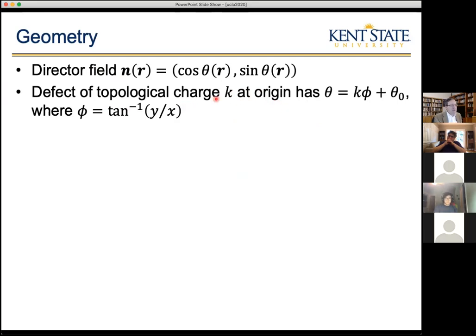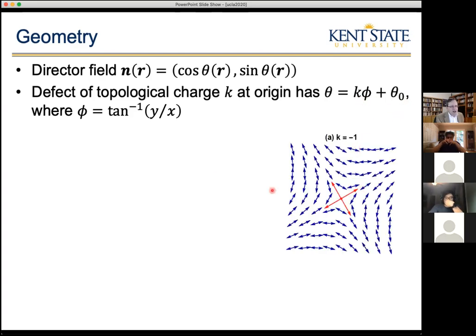Suppose we have a defect of topological charge k in a nematic director field. Right? So we could characterize that by an angle theta for which way the director is pointing as a function of the angle phi in polar coordinates relative to the singularity at the origin, with a coefficient k, that is the topological charge, and some additive constant theta naught.